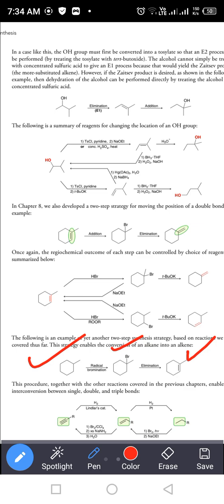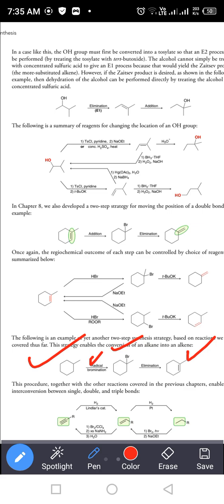It is a hard and fast rule. In our previous chapter, we discussed that when we want to bring bromination at a tertiary carbon, do radical bromination. Always do radical bromination. If you do chlorination, that will be thermodynamically unfavorable, and your reaction will be wrong. Your reaction will be right when you do radical bromination.